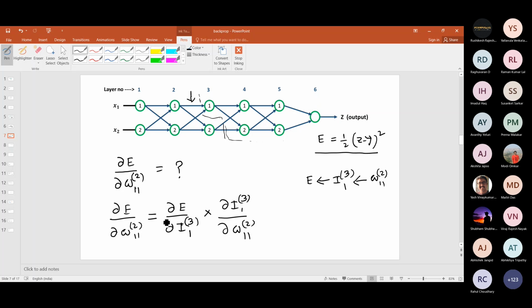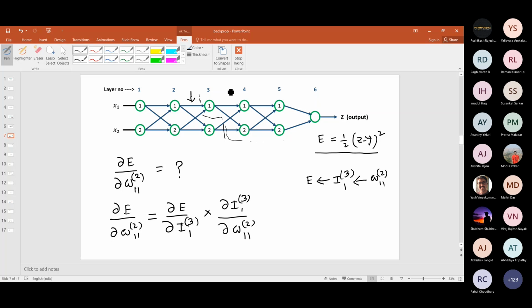Sir, wouldn't it be, in brackets, del I1 by del W11 of layer 2 plus del I1 of layer 3 divided by del W22 of layer 2? Because del I1 of the third layer would be made with the clubbing of both the weights of that layer.